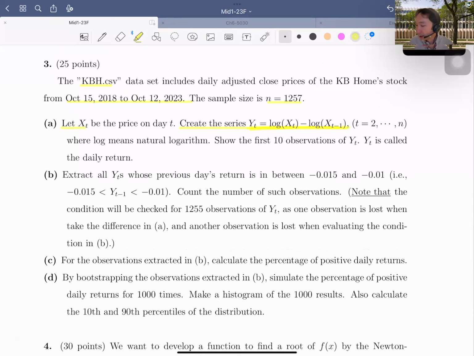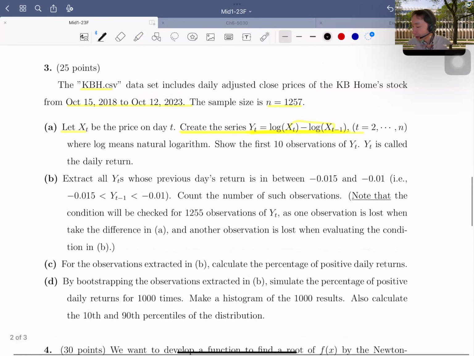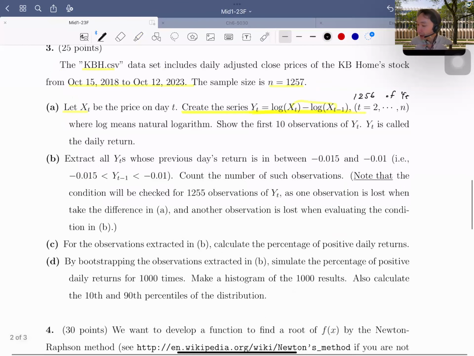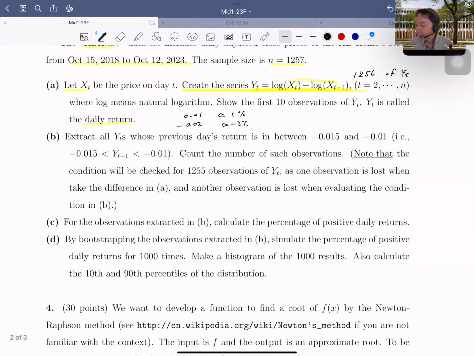So based on xt, we can generate this. Since we have to take the difference, we only have 1,256 observations of YT. And YT is called daily return. The number is like 0.01 or negative 0.02. It's almost similar to 1% change or negative 2% change, but we have slightly different numbers.